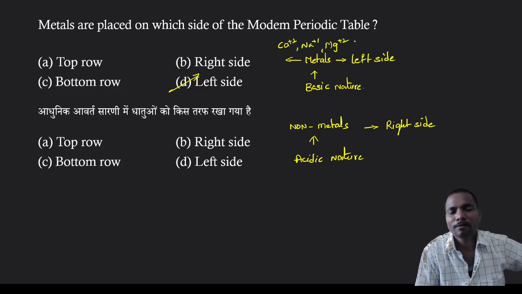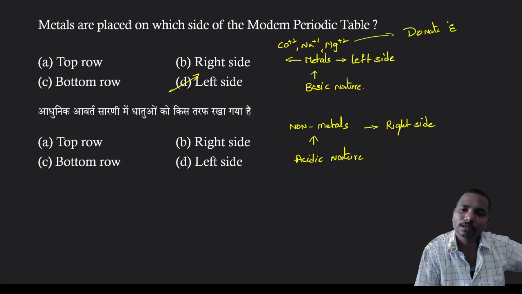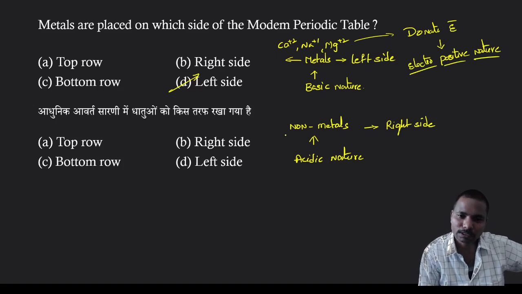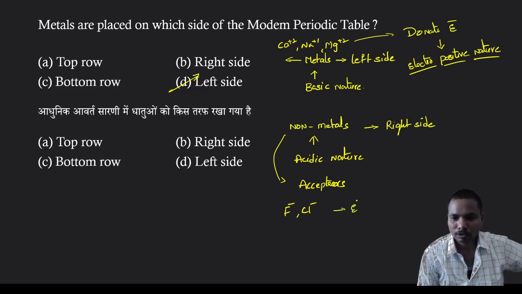Plus means they are ready to donate electrons and become positive. So metals are electropositive in nature. Non-metals are acceptors, for example F minus, Cl minus. Minus means electronegative nature.